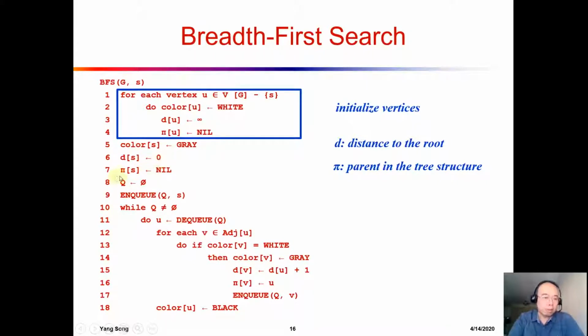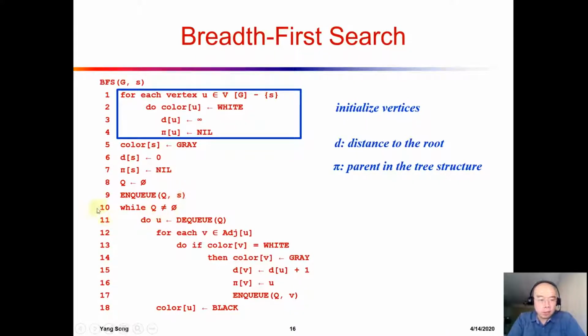And then for the pi.s, that is the parent of the root, and s itself is already the root, so it will be nil. And then we initialize a Q. The Q data type is first in, first out, right? And we enqueue the s, so we send the s, the root, into the queue.